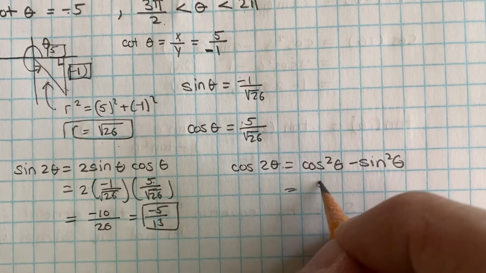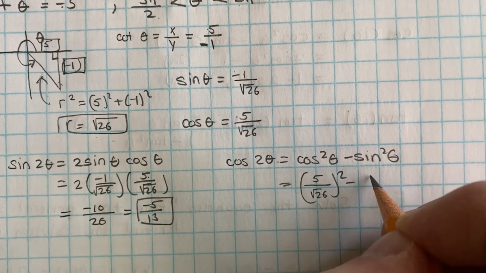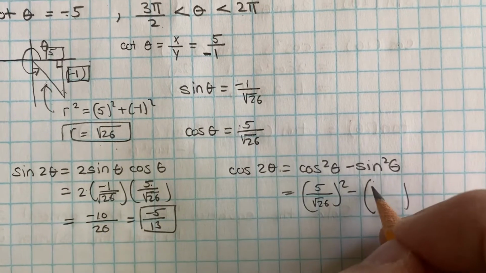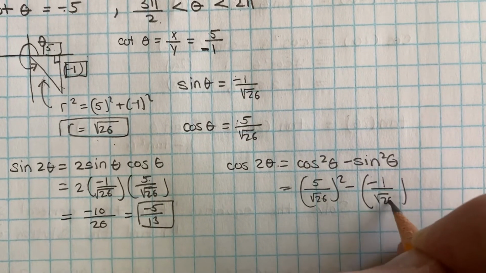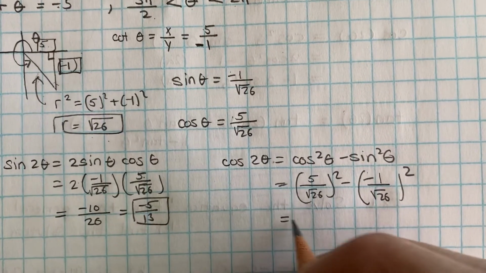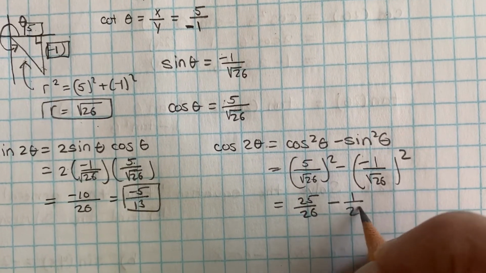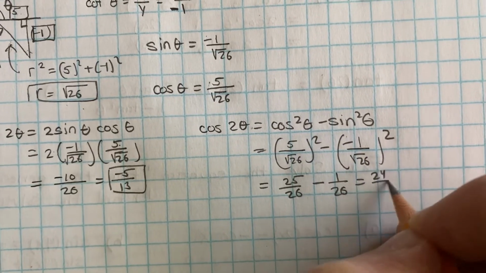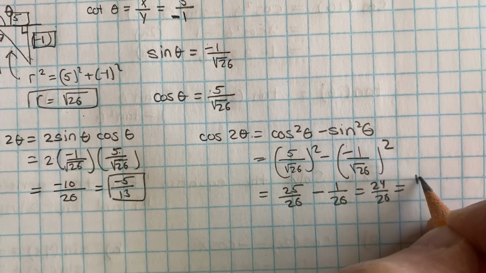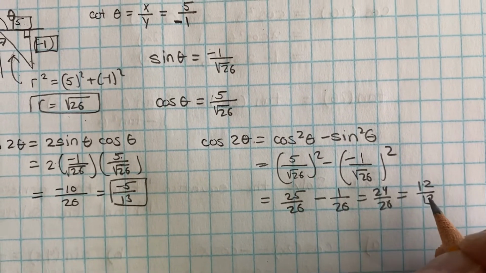So 5 over root 26 squared minus -1 over root 26 squared. Okay, so simplify that. You're going to get 25 over 26 minus 1 over 26, which is 24 over 26, which reduces, if you divide top and bottom by 2, to 12 over 13.